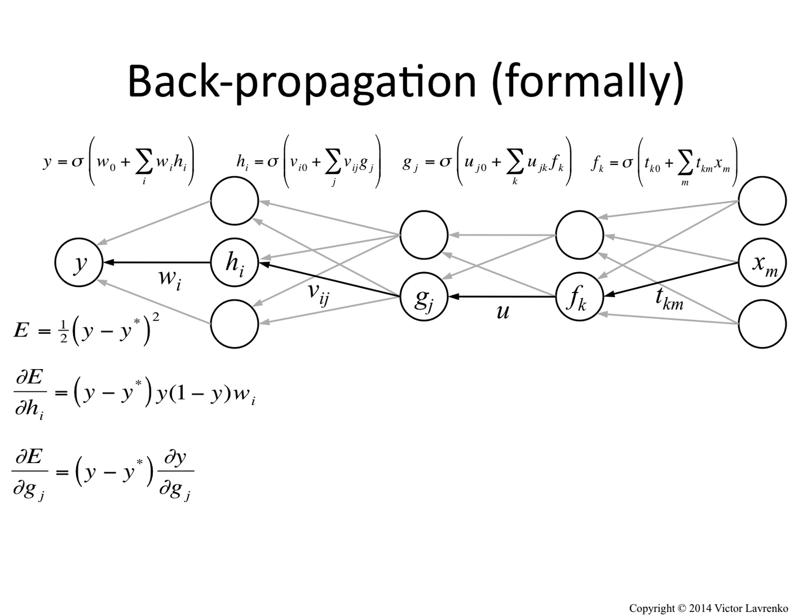Previously it went away because I was differentiating with respect to one element of the sum. This time the sum is going to stay in place, and I'm going to have the wi times the derivative of the ith hidden unit with respect to the value of the g's hidden unit. And hi, again, is just the sigmoid of a weighted sum plus the bias. So you have hi times 1 minus hi, vij, so that's the weight of the connection.